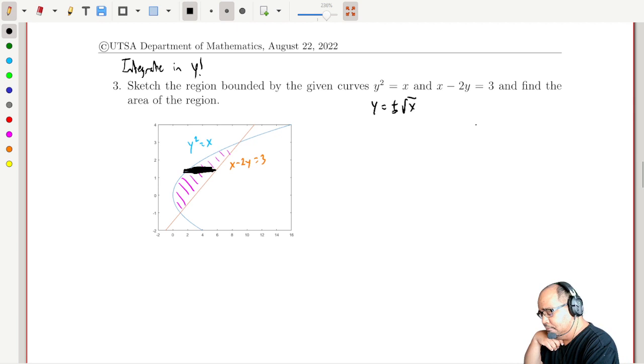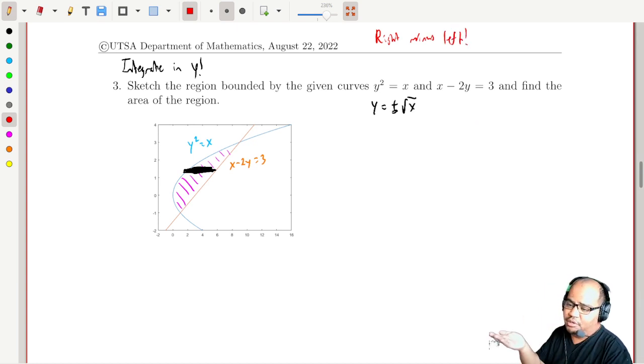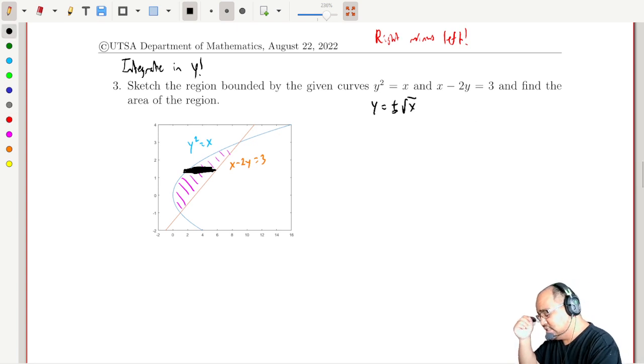So that's this one right here. And now instead of top minus bottom, the mantra now becomes right minus left. So let's go ahead and write that in here. Right minus left.